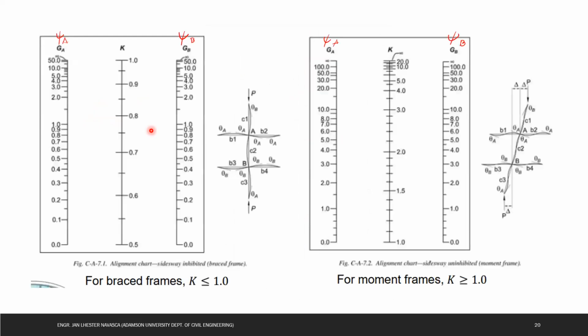Okay, so take note that the value of K for braced frames is always less than 1.0, and the value of K for moment frames is always greater than 1.0.